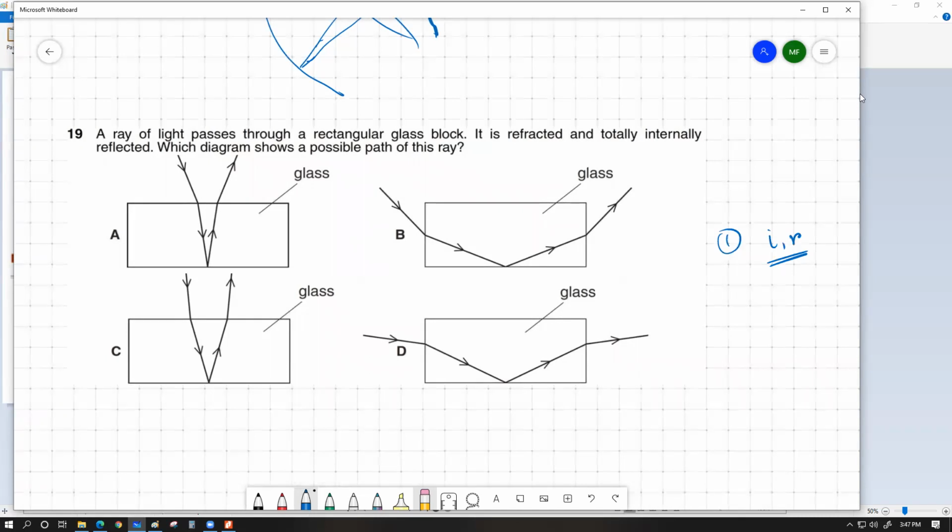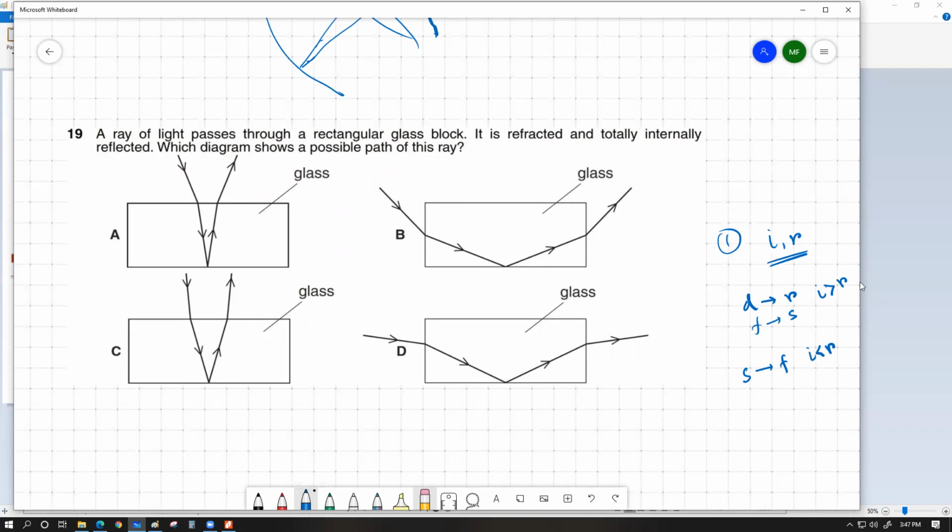If it is going from a denser into a rarer medium, or I can say from a faster into a slower medium, then the incident angle should be bigger and the refraction angle should be smaller. If it is going from a slower into a faster medium, then the incident angle should be smaller and the refraction angle should be bigger, or it should bend away from the normal. This is the first thing that you have to judge for multiple different side change scenarios.